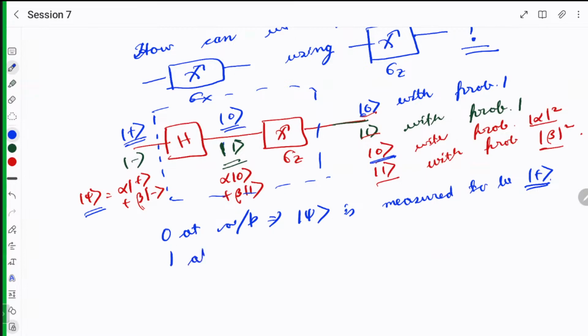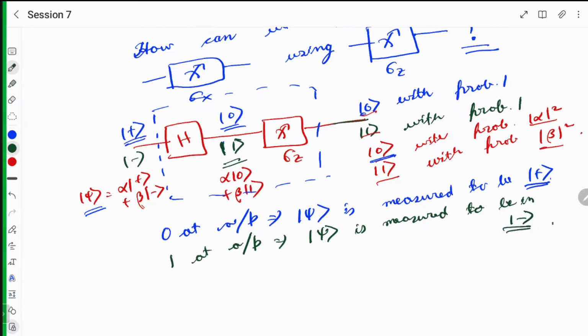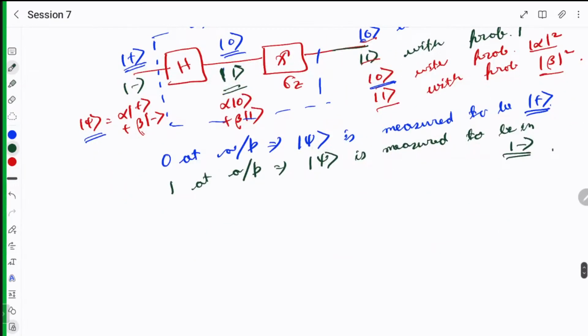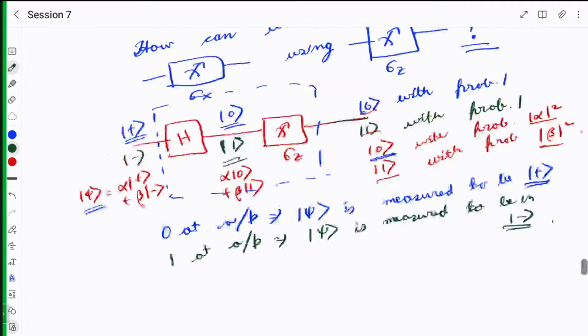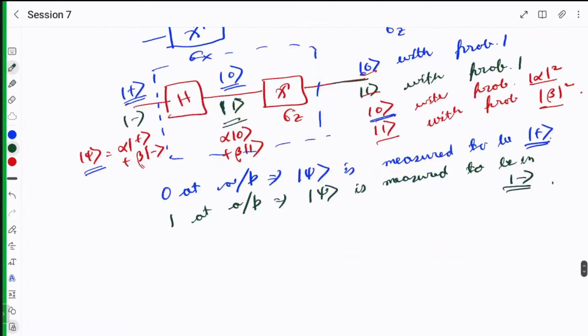Similarly, if you have 1 at output, then psi is measured to be in state |->. This is how you would measure in some other basis.